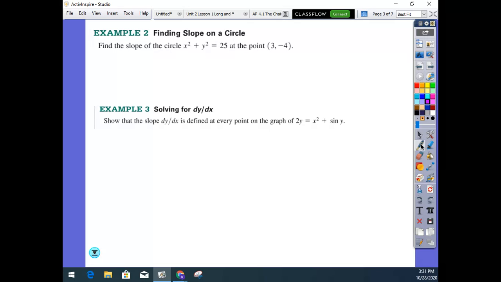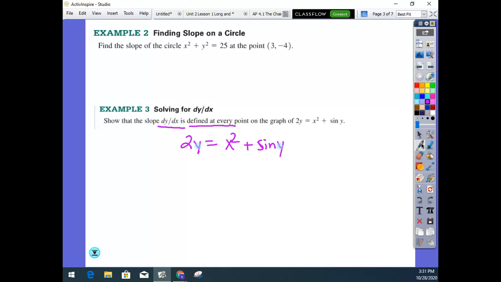So show that the derivative is defined at every point. So we just start with the equation. Now, every time you see a y, you're going to need to chain on dy dx.